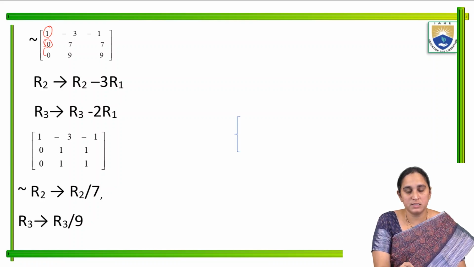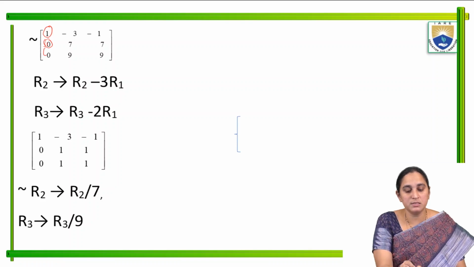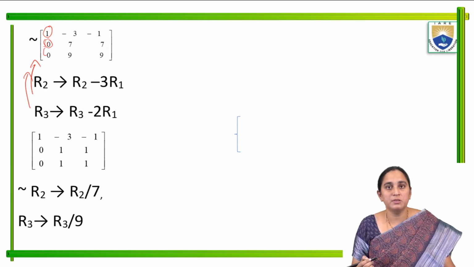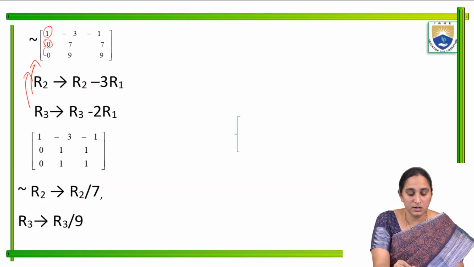That is 1, -3, -1. Using R1, I make the first elements of R2 and R3 zero with respect to these two row operations. Then we get 0, 7, 7 and the next row 0, 9, 9.